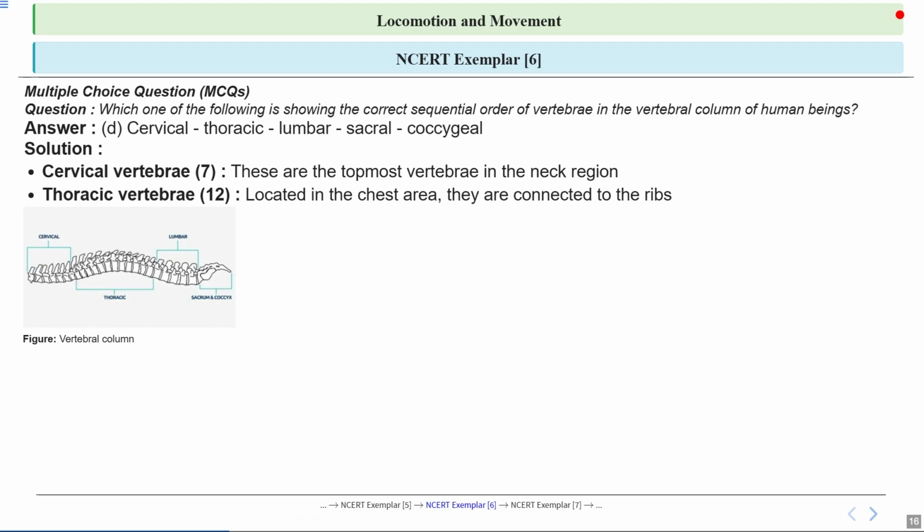You can see cervical region, lumbar region, thoracic region, okay? So coccyx region, which is the tailbone. So you can see the different regions, or we can say the following sequence of this spinal column. Okay, vertebral column. So first we have cervical, then thoracic, then lumbar, then sacral, and then coccygeal, which is tailbone.